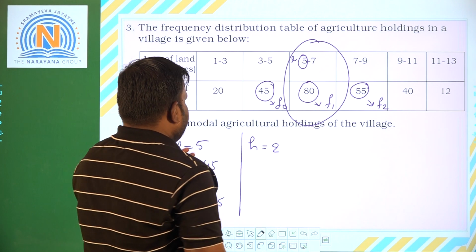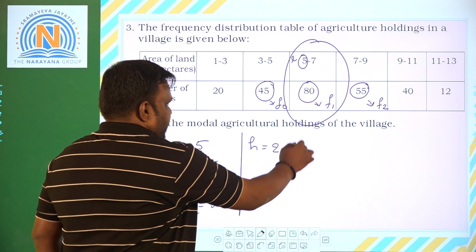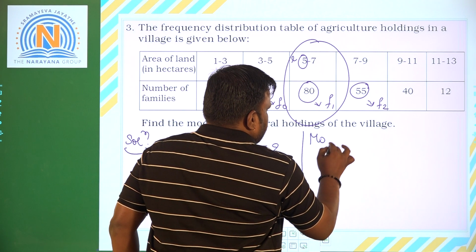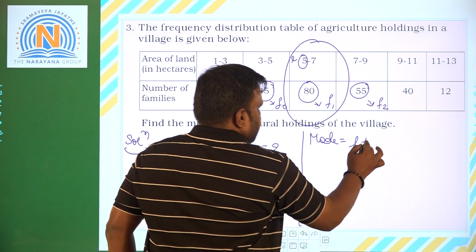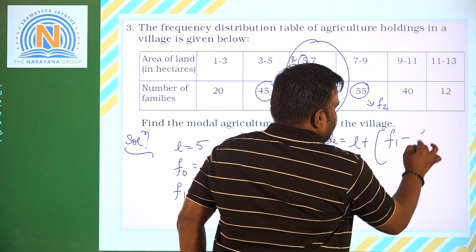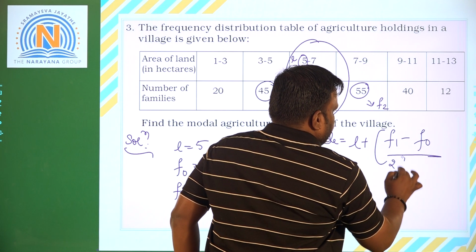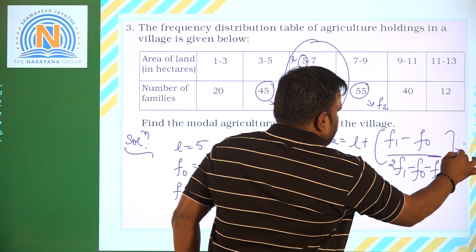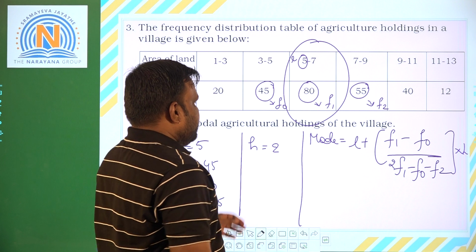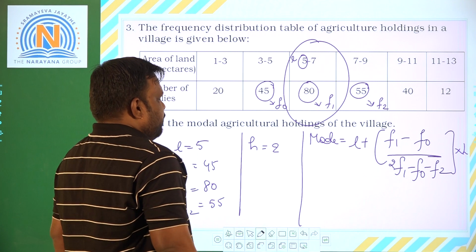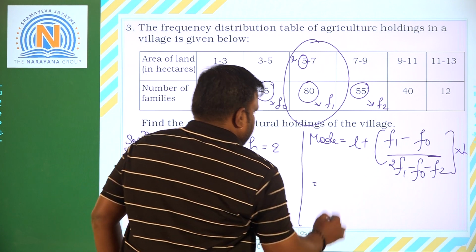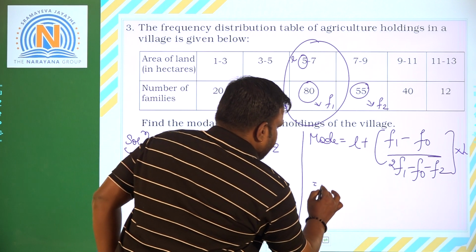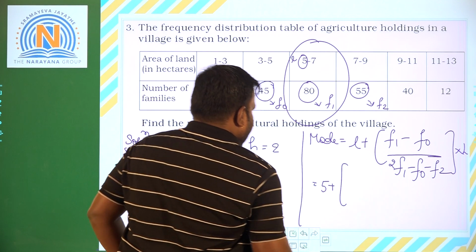We know the formula for calculating the mode. That is again mode is equal to L plus (F1 minus F0) by (2F1 minus F0 minus F2) into H. So substitute the values, then we can go for the further simplification. L is 5 plus F1 minus F0.